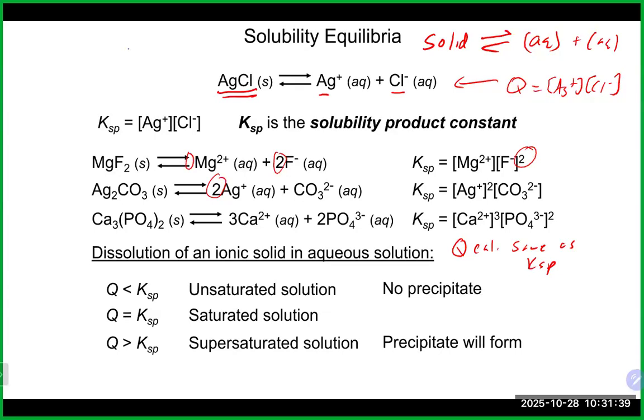If you calculate Q and it's greater than the KSP, then it's going to make a supersaturated solution. In a supersaturated solution, you have too much solute for that solvent, and you would expect a solid definitely to form. So if you put Q on the left and KSP on the right, just go opposite of where the inequality is pointing.